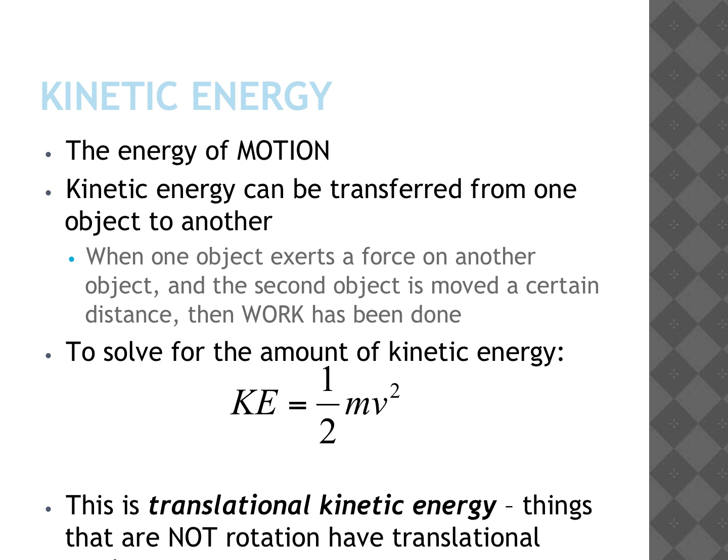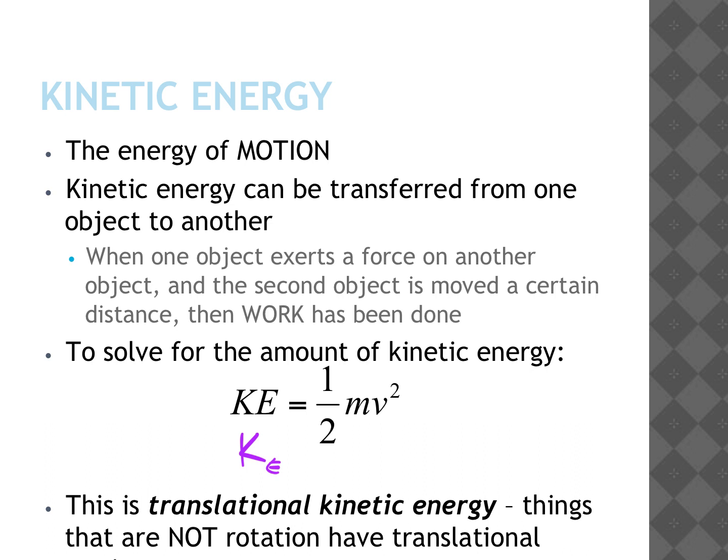So kinetic energy is the equation 1/2 mv squared, okay? A lot of times you'll just see it listed as K, or even E with a little subscript. But AP uses K for it, so you'll see that for kinetic energy. 1/2 m, what do you think the m is here?